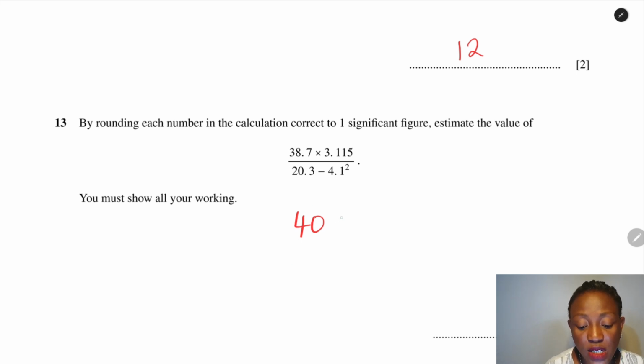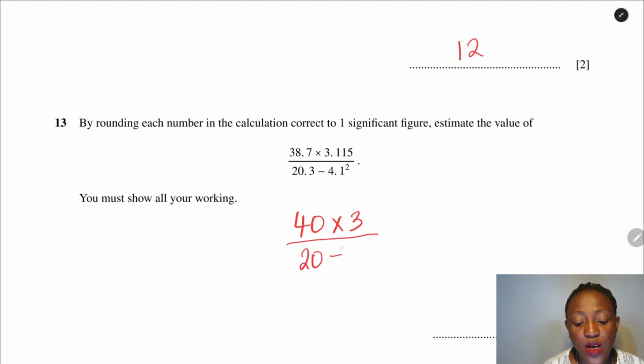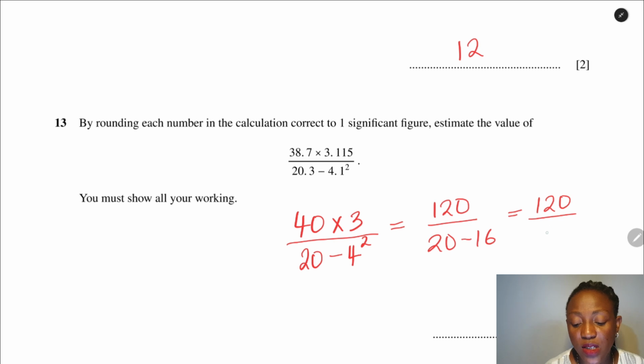So that's going to be 40 times, this is going to be 3, divided by, this is going to be 20, minus 4 squared. All right, so we're going to have 40 times 3 is 120, divided by 20 minus 16. So 120 divided by 20 minus 16, which is 4. So our correct answer here is going to be 30.